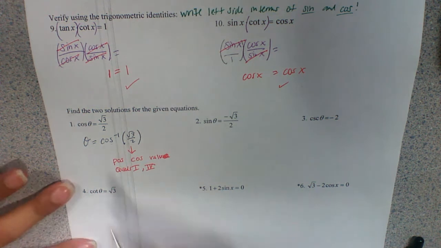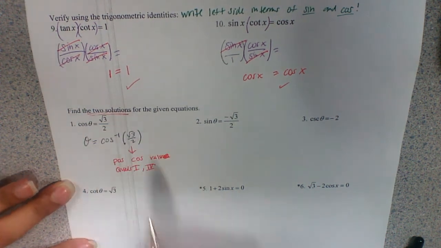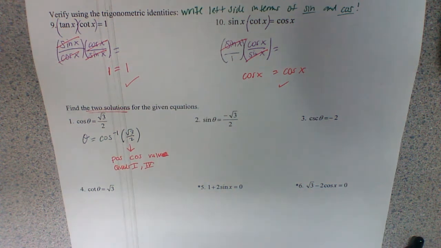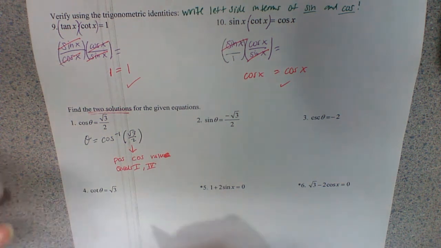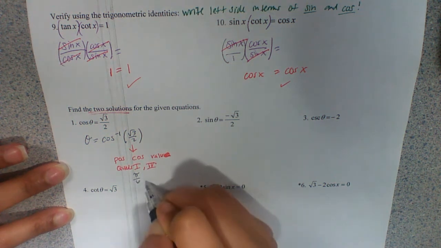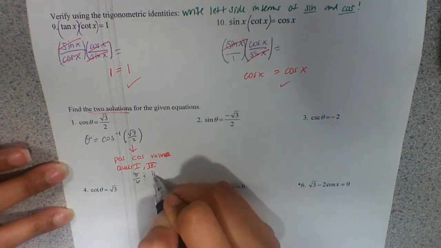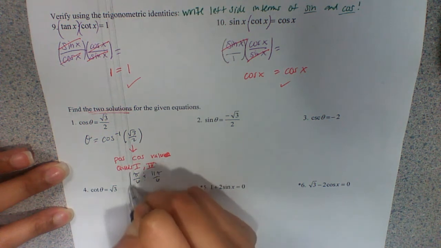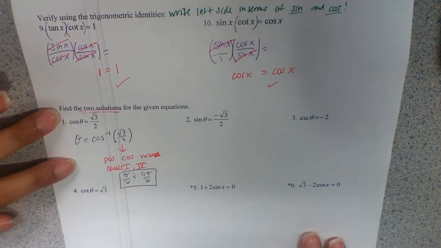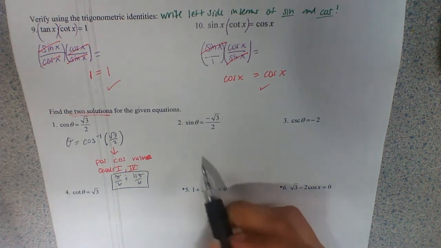So I should have an answer, because it does say find 2 solutions. I should have an answer from the first and one from the 4th quadrant. And if you think about that, pause this video if you need to. But you should find that to be true at pi over 6 and 11 pi over 6. That's it.